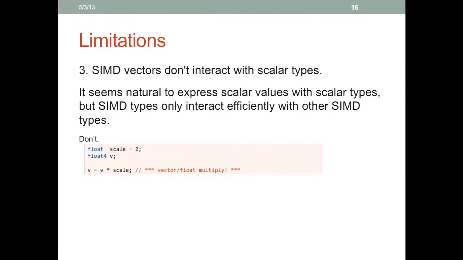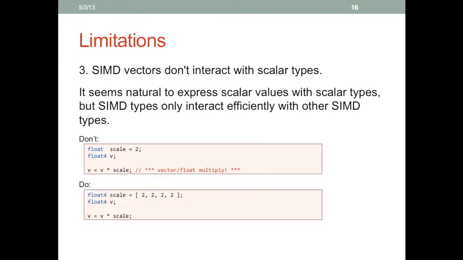That requires a cast from a scalar value to a SIMD value, which is a slow, expensive process. And if you're writing SIMD code in the first place, you should be worried about that sort of thing. So don't do this. Instead, create a float4 scale, which already does this. And you'll be much happier.